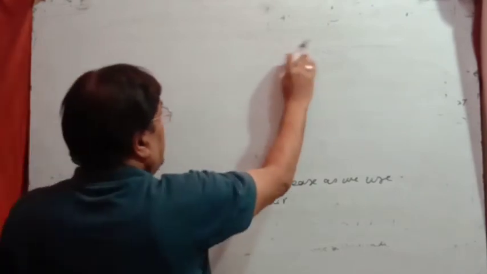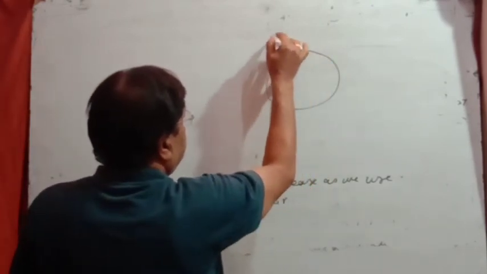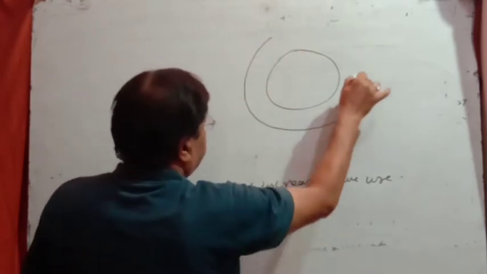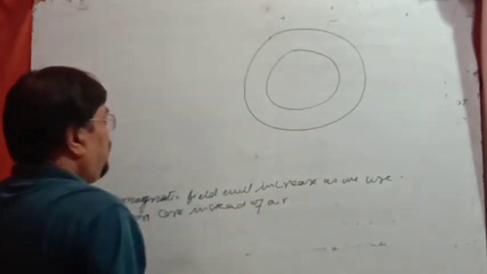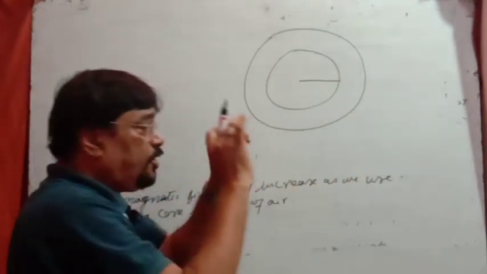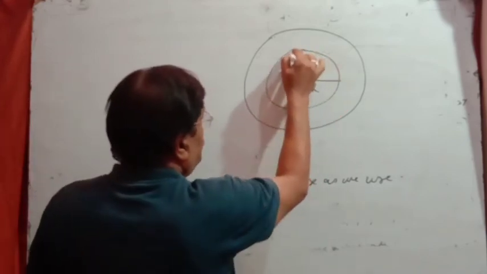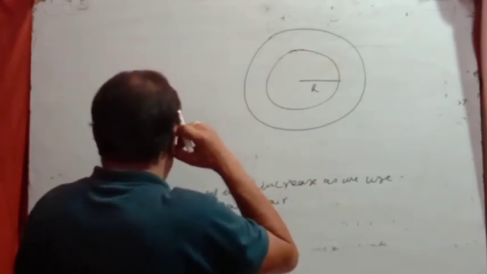Toroid is the endless solenoid. स्प्रिंग देखा है ना, स्प्रिंग के दोनों एंड को ऐसे लेके बंद कर दें तो इट इज द एंडलेस सोलेनॉइड. सो इट इज कॉल्ड द एंडलेस सोलेनॉइड.